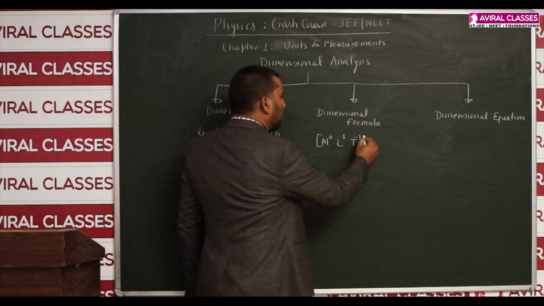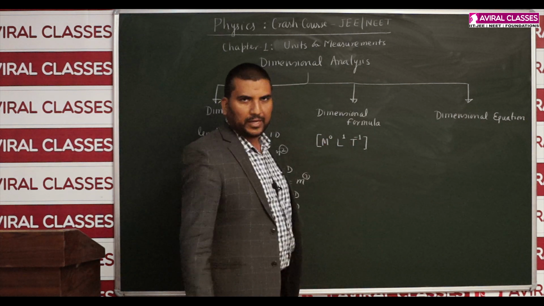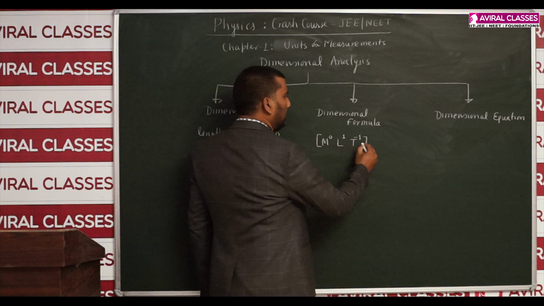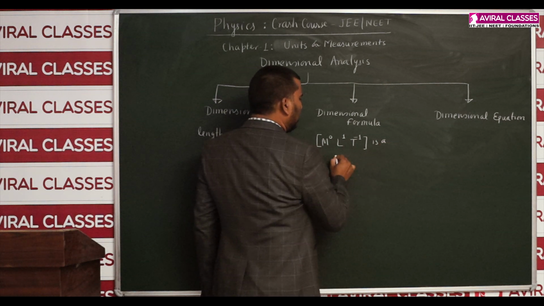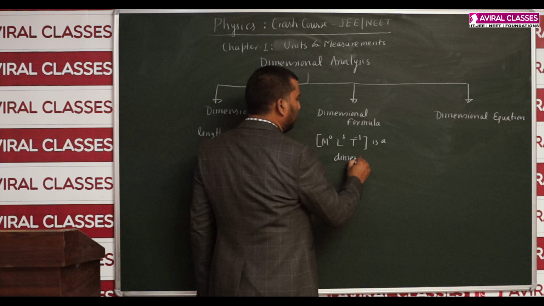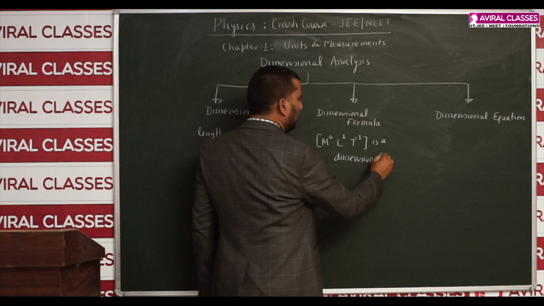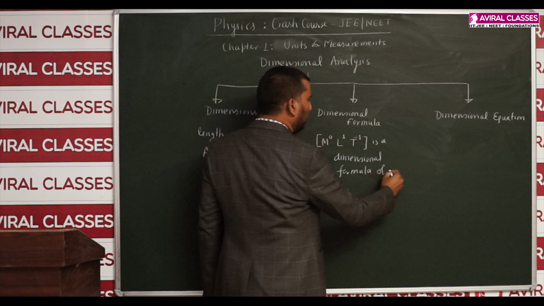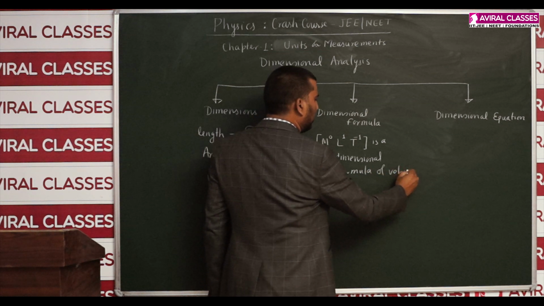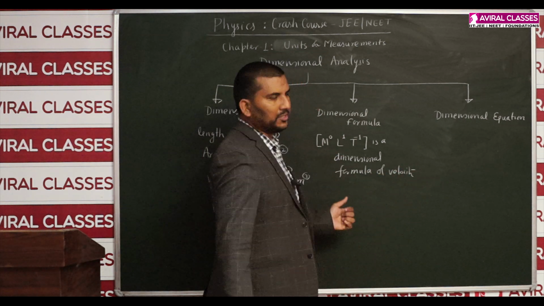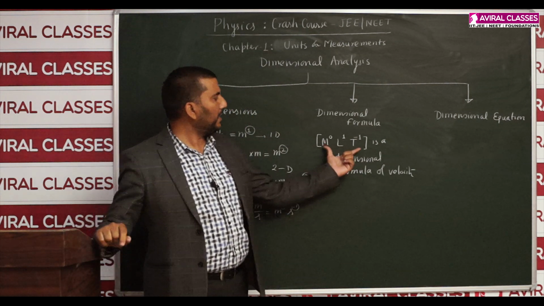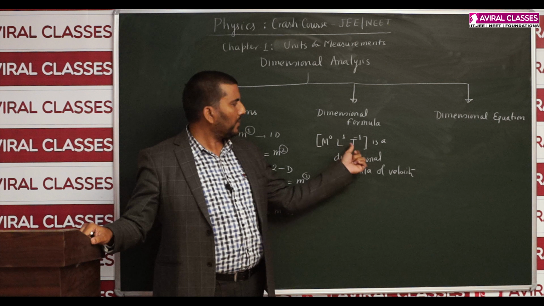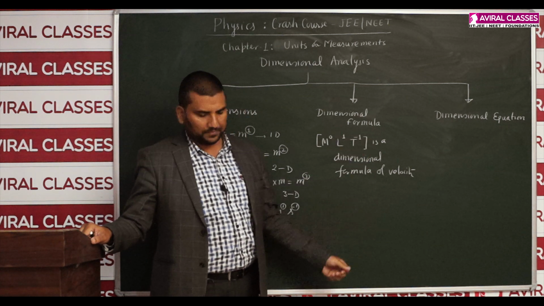If we close it in a big bracket, then this is a systematic manner, this is the dimensional formula of velocity or speed. It is called dimensional formula, meaning representation in this bracket in a systematic way.